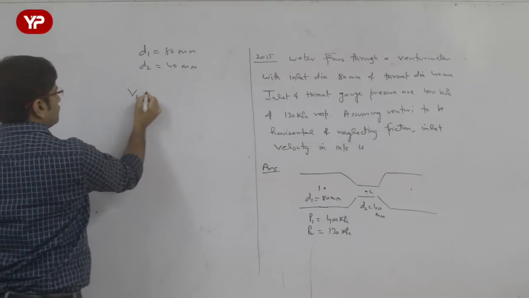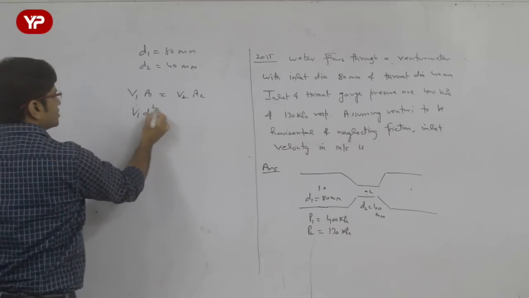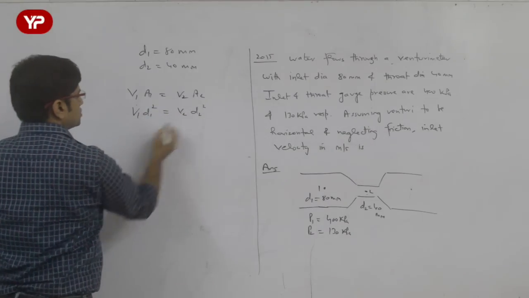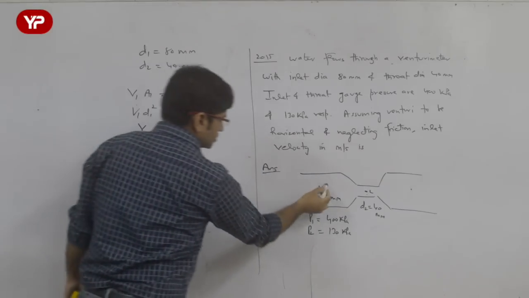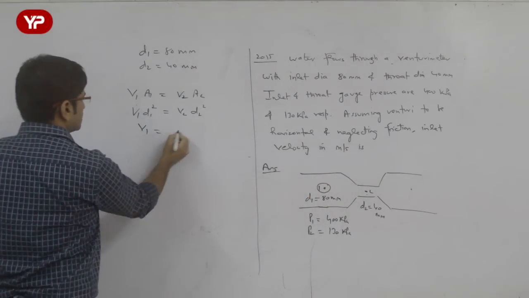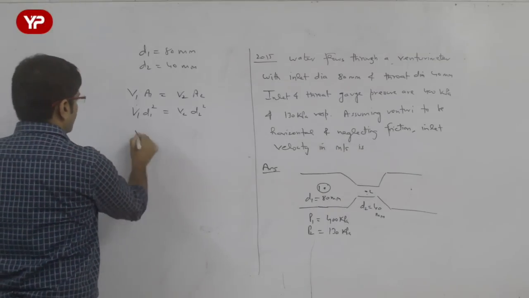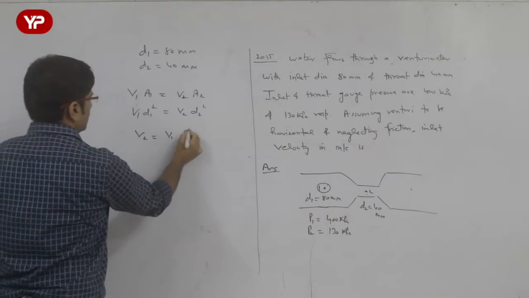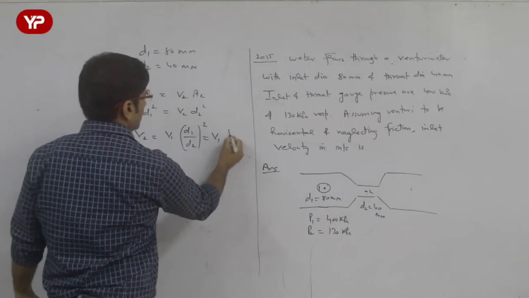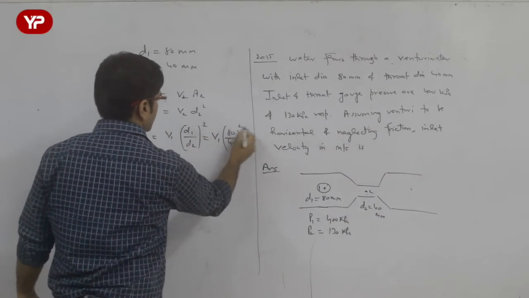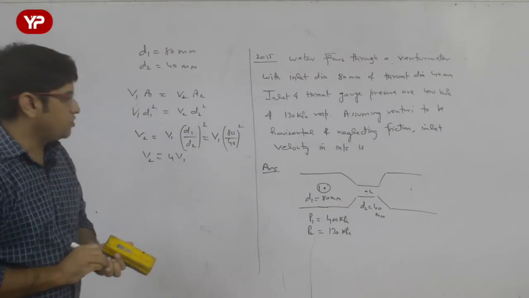So if we say V1 A1 is equal to V2 A2, V1 D1 square is equal to V2 D2 square, and from there V2 is equal to V1 times D1 divided by D2 whole square. Now this is nothing but V1 times 80 over 40 whole square, that is nothing but 4V1. So V2 is coming out to be 4V1.